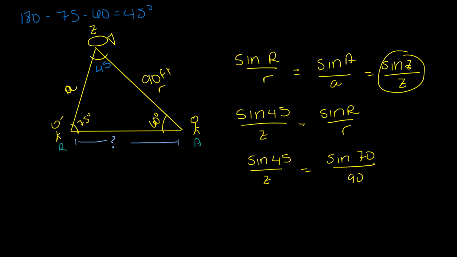All right, so z is in the denominator here, so everything has to be the reciprocal for me to solve for z. So we're looking at 90, that's the reciprocal, sine of 45 divided by sine of 75. Oh, I put 70 instead of 75, sorry guys.